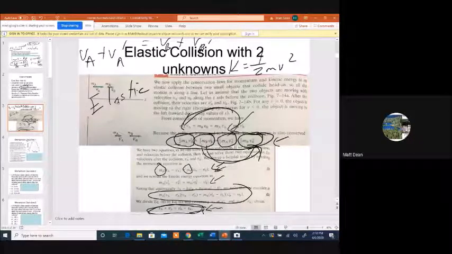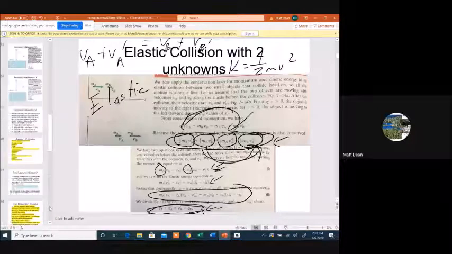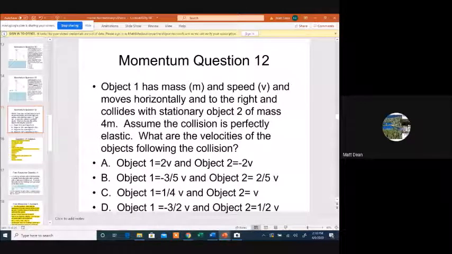Let's look at how it might work with the problem. So take a minute and read this problem.